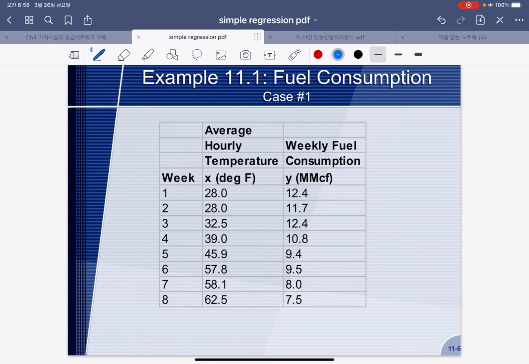So we are going to try to find the relationship between these two. So we are going to find the intercept and the slope of this equation, right? Now I'm going to explain basic principles for regression, right? Now let's go to a note.